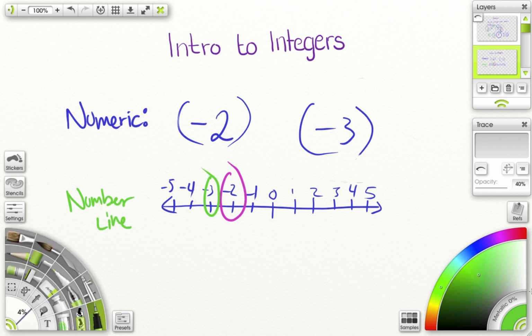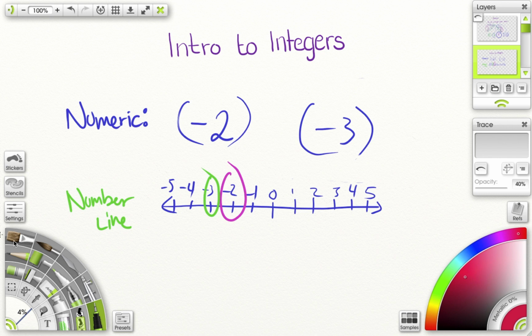Our last way is by using counters. So you might remember using like little coin counters to add numbers together when you're in primary. So remember you had like a bunch of different counters and you want to do 17 plus 8. You have your counters, 17 is one pile, 8 counters in another pile, and you basically count all the counters together.